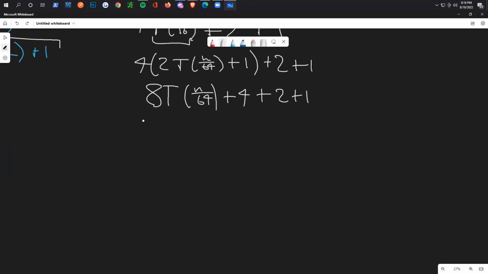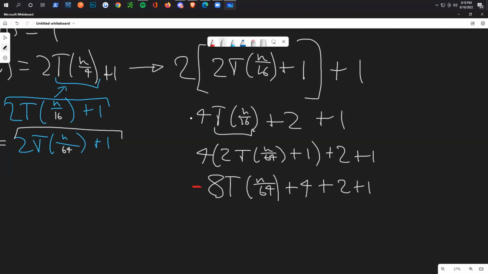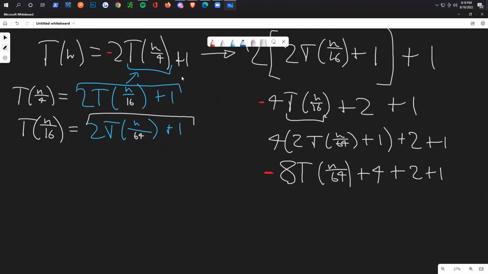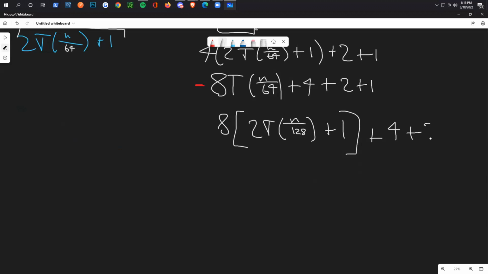So let's just write our final. So we have this right here. Let's also have this right here. So these are our steps, and we start off right here. Let's go one more. 64 times 2 is 128. Plus 1. Remember, summation at the end.